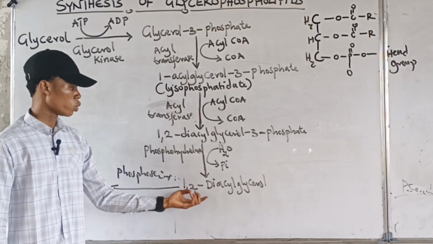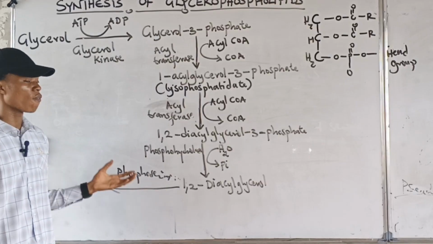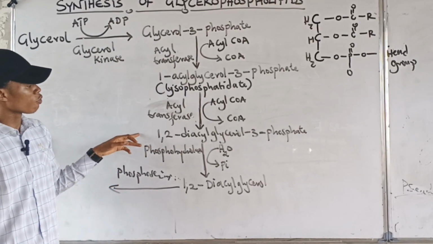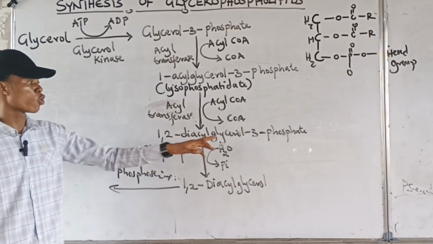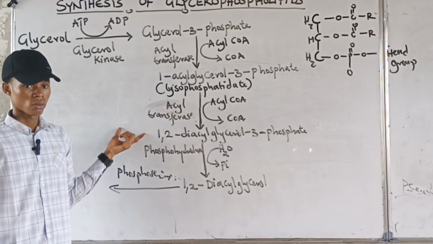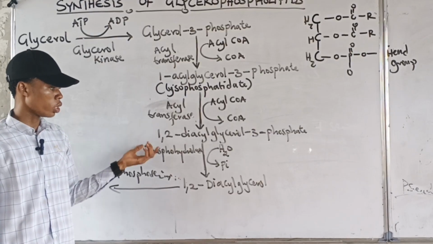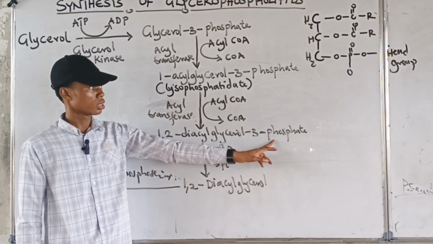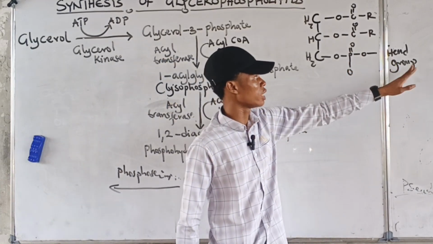Now if you've gotten 1,2-diacylglycerol, all you'll be adding is the phosphorylated head group. But if you are adding from here, since phosphate is already there, what you are adding is just the head group. Either serine, choline, ethanolamine, just the head group, because the phosphate is already on position 3.